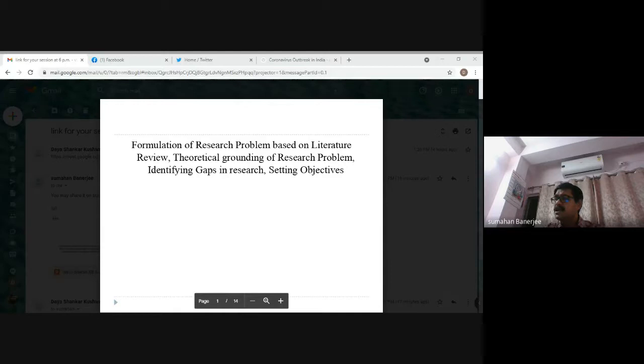And those who are from sociology know it very well, that the history of our social science research methodology is not that old. Emile Durkheim's work, The Rules of Sociological Method, published in 1895, can be said to be the first research method book. So it is a little more than 100 years old, our history of research methodology study.